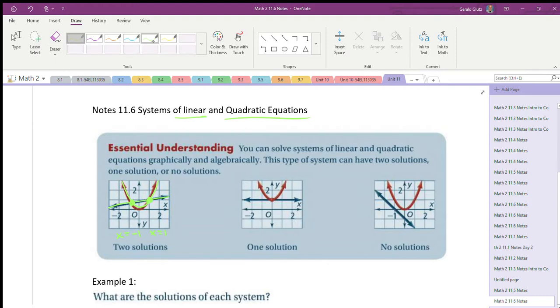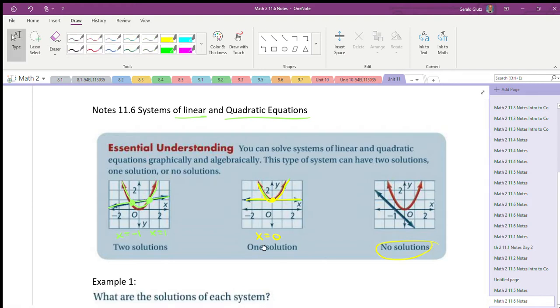And also, this graph right here intersects at this point. It only intersects at one point, so that means we have only one solution. The x value here is 0, so x would equal 0. And then this one does not intersect at all, so that's how you get no solutions.